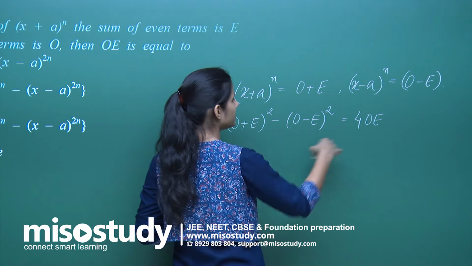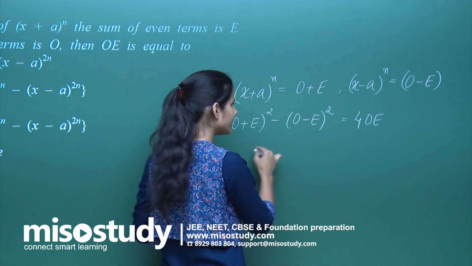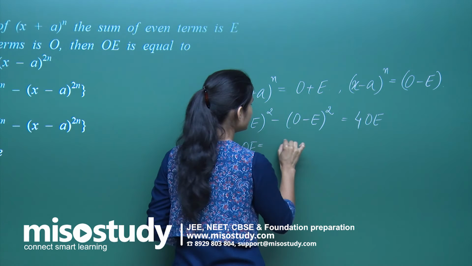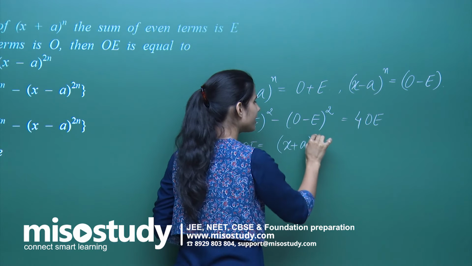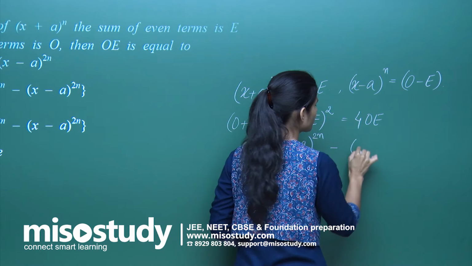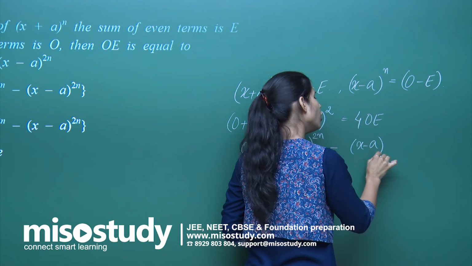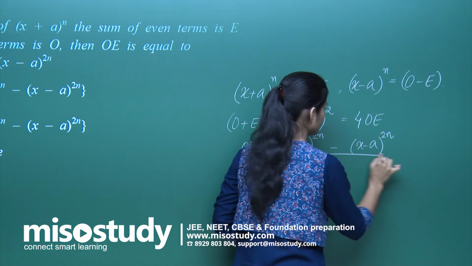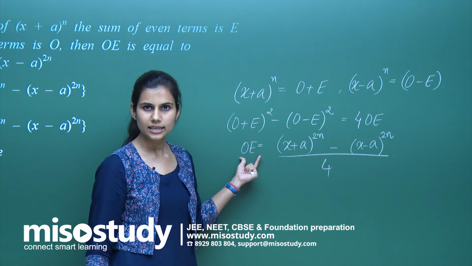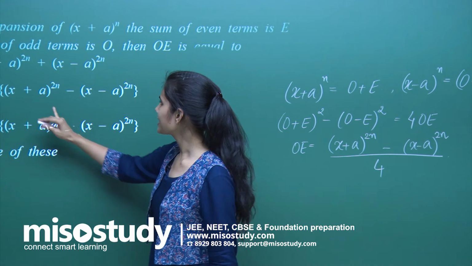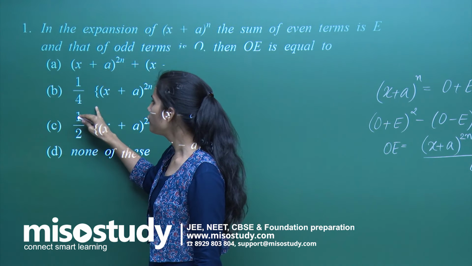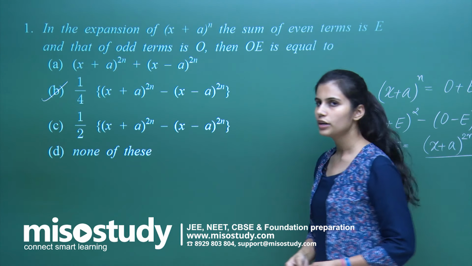So, if this is valid, then OE is equal to (O plus E) whole square, so (x plus a) to the power n squared, that means 2n, minus (O minus E) whole square, that is (x minus a) to the power n whole square, upon 4. That is what is your OE. Is it understood? So, therefore, (x plus a) to the power 2n minus (x minus a) to the power 2n, whole upon 4, is actually equal to the value of OE.